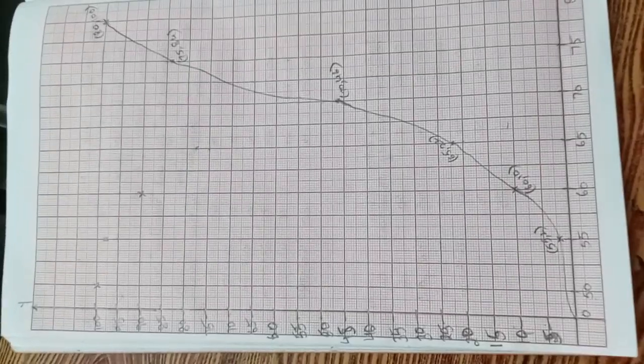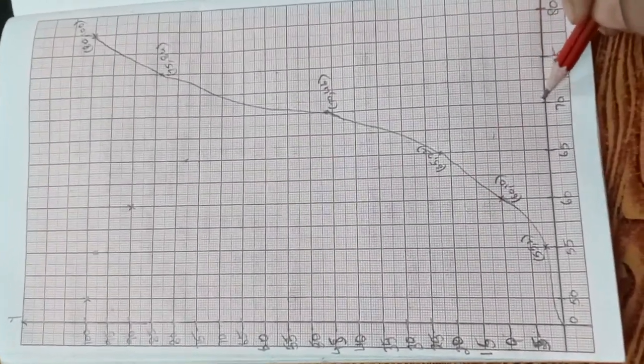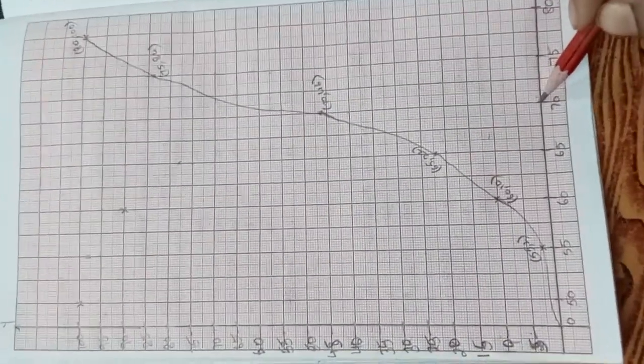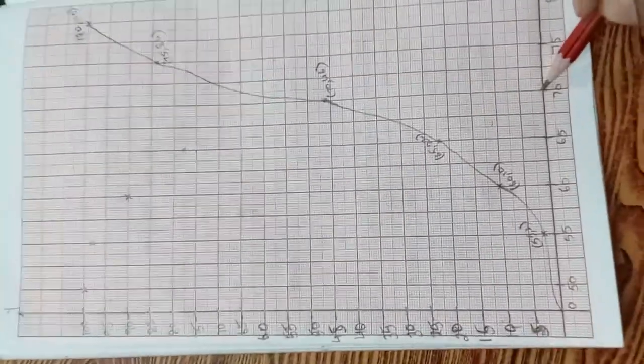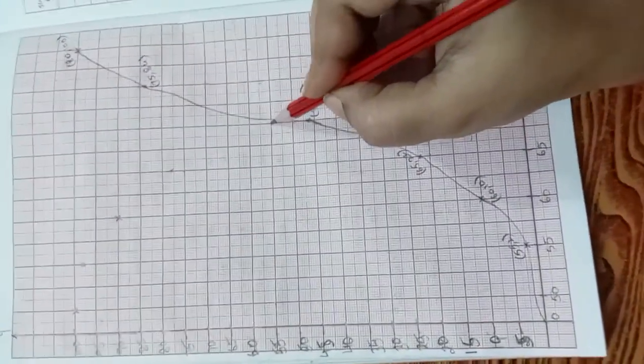Next, 70 is 54. This is 55, so 54 means just below this.